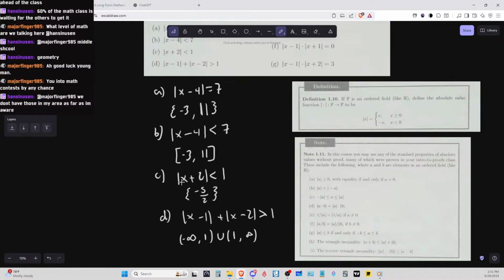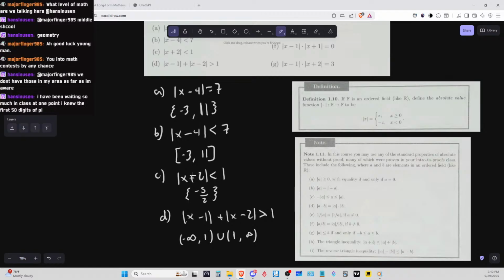-2.5. Yeah, because that will bring us to -1/2, and then that will be 1/2, and that will be less than 1. So let's see if we do negative. Okay, so basically only this one works. And -2 plus 2, that's 0.